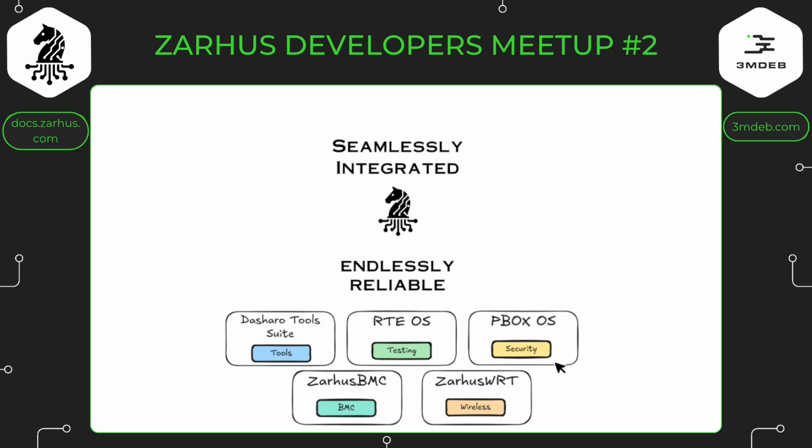So essentially, we want to create, for example, the Zarhus binaries, which have all the prerequisites, for example, for deploying Intel Boot Guard.